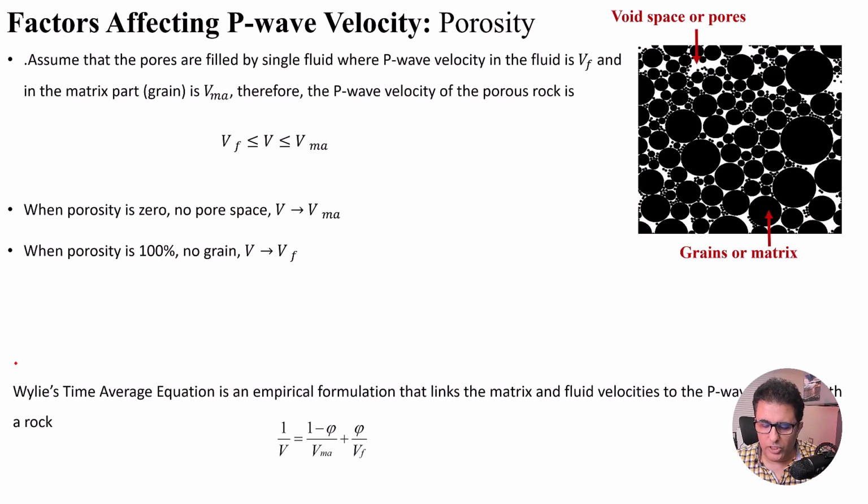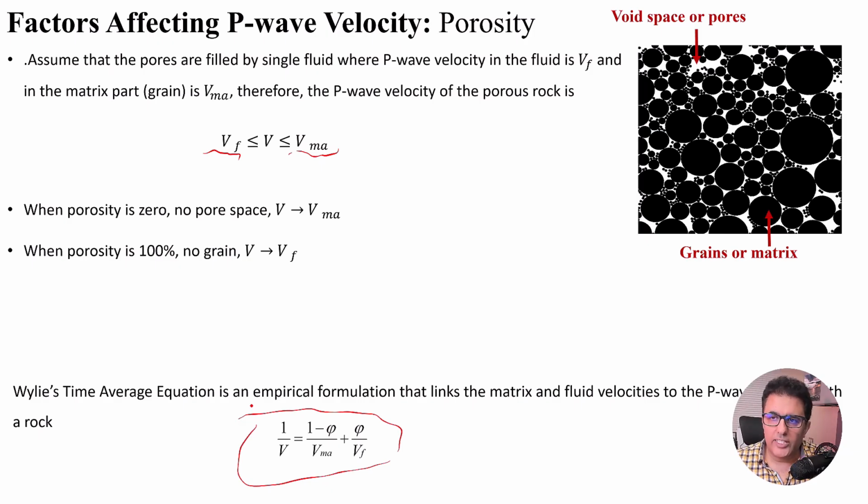Okay, so if we have the matrix velocity here and the fluid velocity here, for a porous rock the average velocity of the rock lies between the matrix velocity and the fluid velocity. And indeed, there is an equation that was developed by Wyllie, called Wyllie's time average equation.